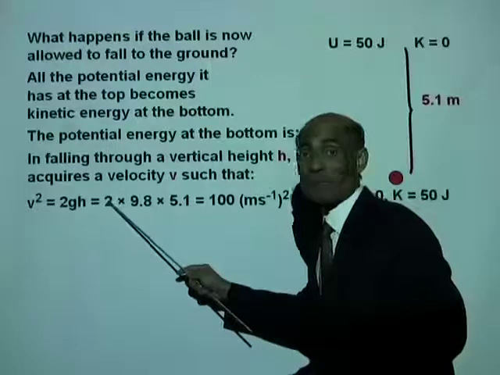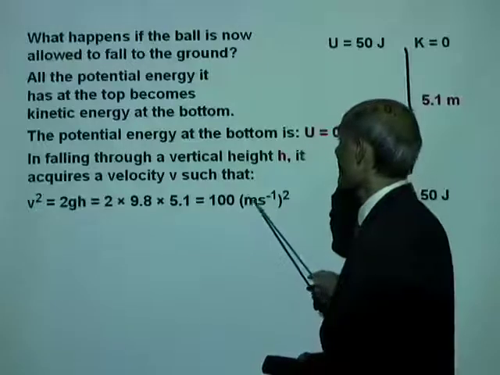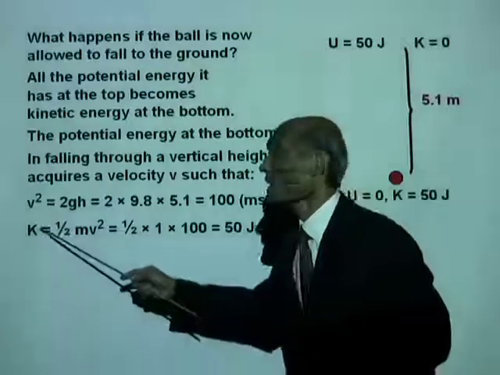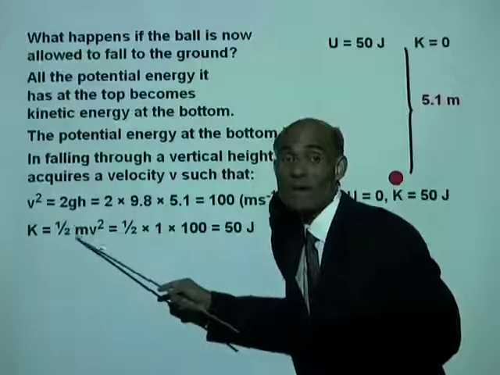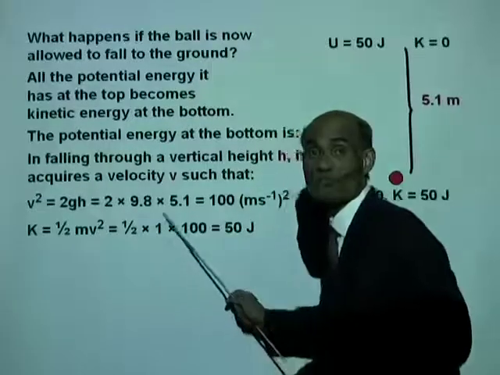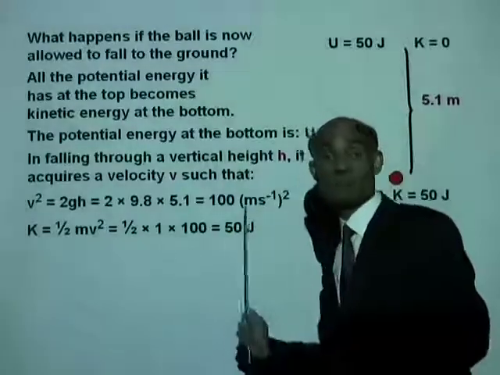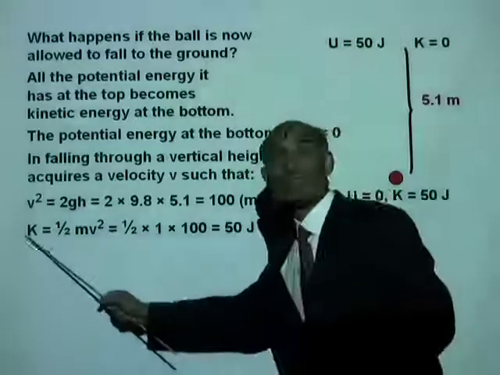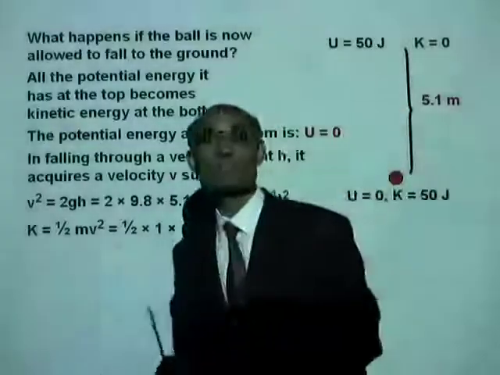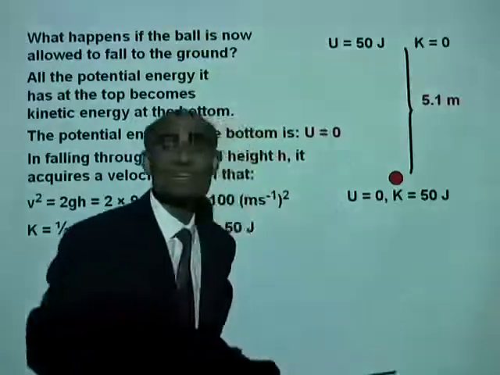And so v squared is 2 times 9.8 times 5.1. That is 100 meter squared per second squared. Kinetic energy will be 1/2 mv squared. That will be 1/2 times, the mass is 1 kilogram, and v squared we just showed is 100 meter squared per second squared. Now look at this. The kinetic energy when it reaches the bottom will be 50 joules. That means all that potential energy got converted to kinetic energy there.